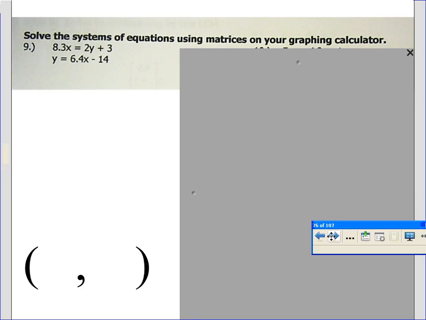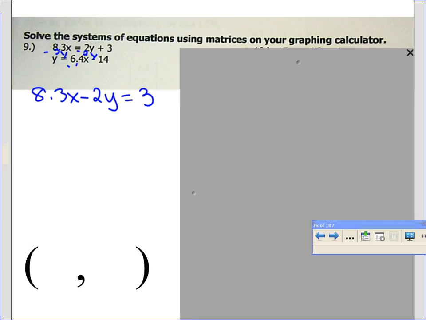First step, put them in standard form. They are not in standard form. So step 1, let's do this together. The first equation, we need to subtract 2y on both sides. So we have 8.3x minus 2y equals 3. Second equation is not in standard form, so we need to put it in standard form. Minus 6.4x on both sides.